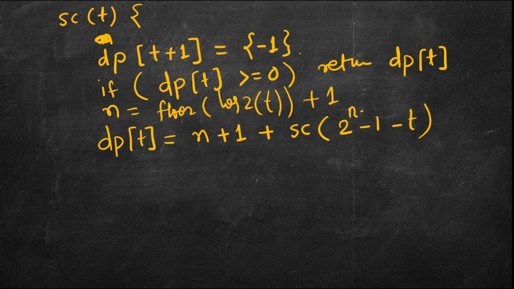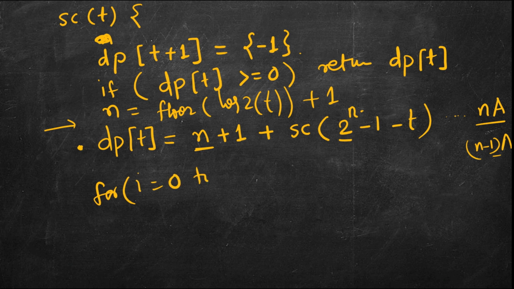And then the other approach, so this was the approach where we overshoot. The second approach is to stop before, so instead of n operations, n A's, we do n minus 1. So this is the case for n times A followed by reverse, and the other case is stop before, that is n minus 1 times A. So we will do for i equal to 0 to n minus 2. So in this case we came to n minus 1, so we will not go back n minus 1, so that's why.